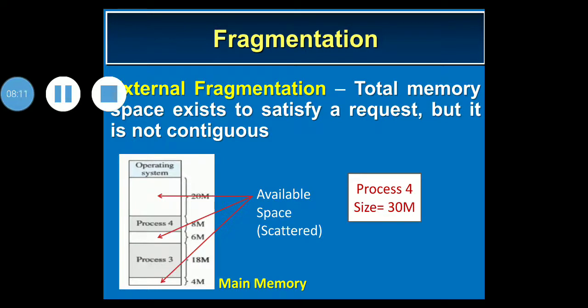If process 4 with a size requirement of 30M wants to execute, we cannot transfer this process to the primary memory because there is no contiguous block of 30M available in the memory. This is termed external fragmentation because though we have a free space of 30M in the primary memory, as it is not contiguous, the process cannot be assigned to it.